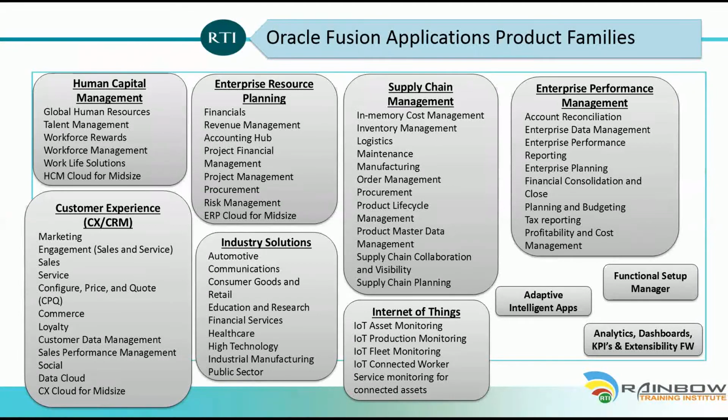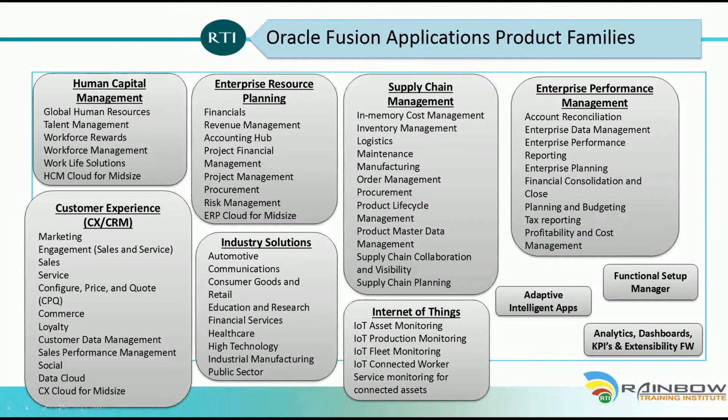So Oracle came up with industry solutions, and it is also offering services to the respective industries. Apart from these horizontals which span across multiple domains, they have also given verticals where they can offer solutions for automotive, healthcare, high technology, industrial manufacturing, like that. That is another thing which is really growing in the Fusion applications.